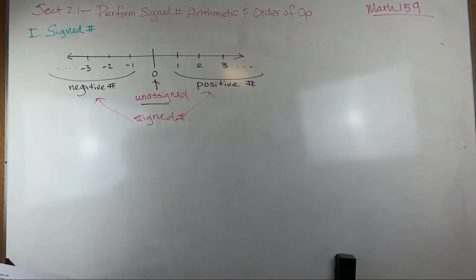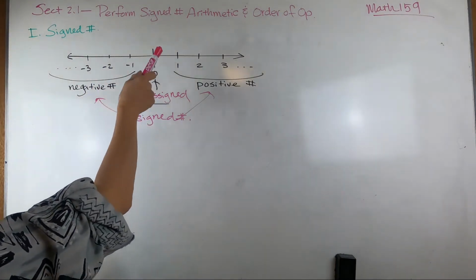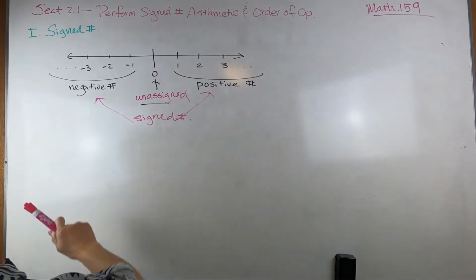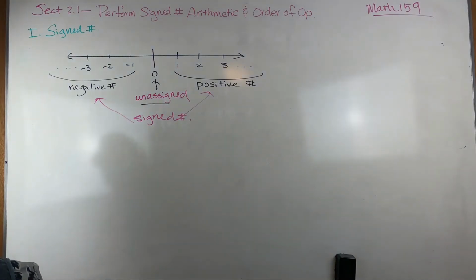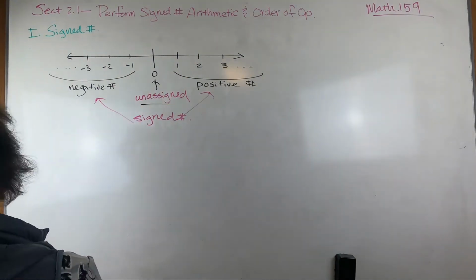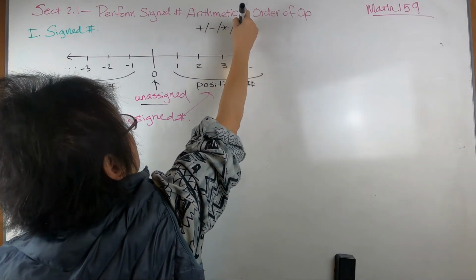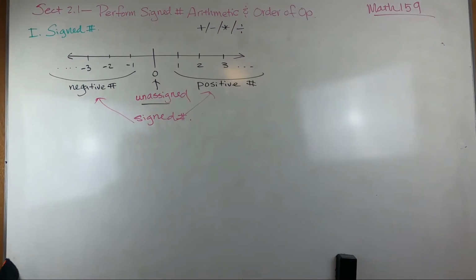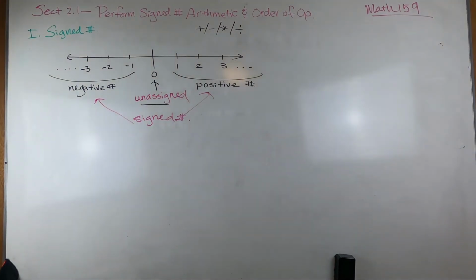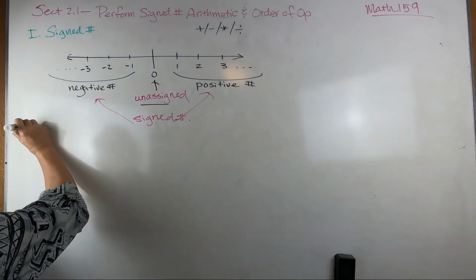So that's what we are going to do, the arithmetic on those numbers. What does that mean? It means add, subtract, multiply, and divide. How to handle the positive and negative numbers to do things, right?